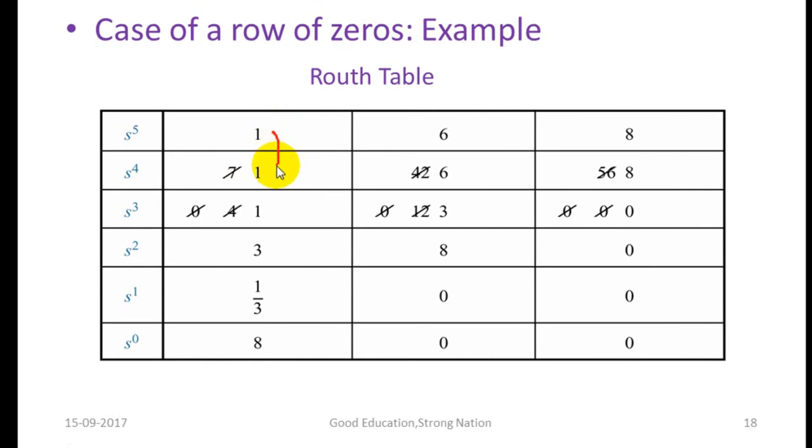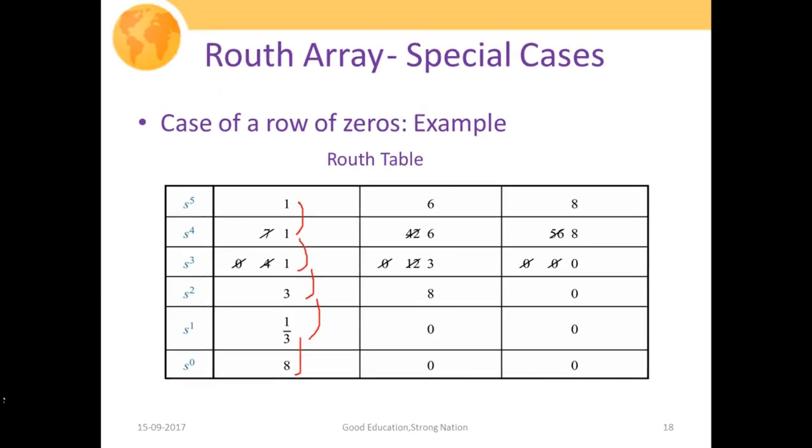Plus 1, 2, plus 1, no sign change. Again plus 1, 2, plus 1, no sign change. Then plus 1, 2, plus 3, both positive, no sign change. Then 3 to 1 by 3, both positive, no sign change. 1 by 3 to 8, again positive, so there is no sign change.